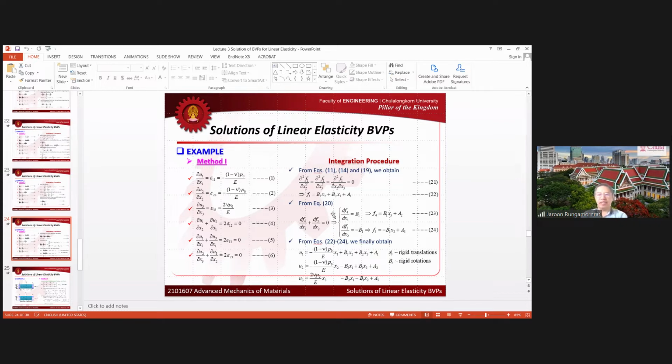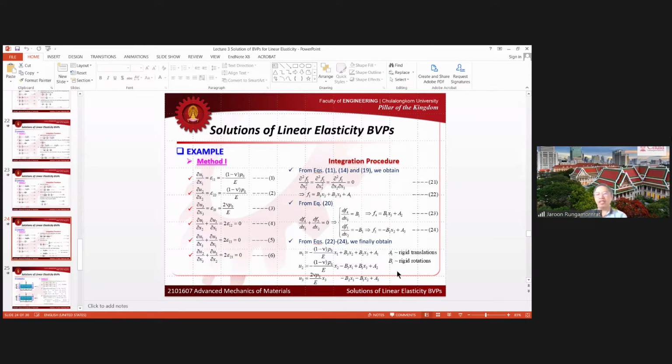The constants that we got from the integration cannot be obtained if you don't have the boundary condition associated with the displacement, or if the surface SU is empty. You cannot get all constants AI and BI, okay?